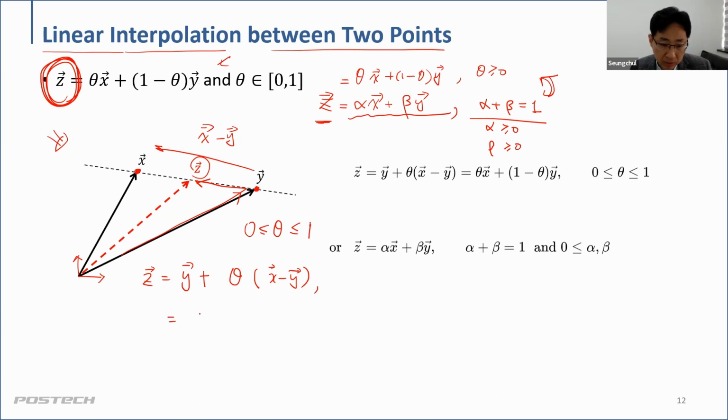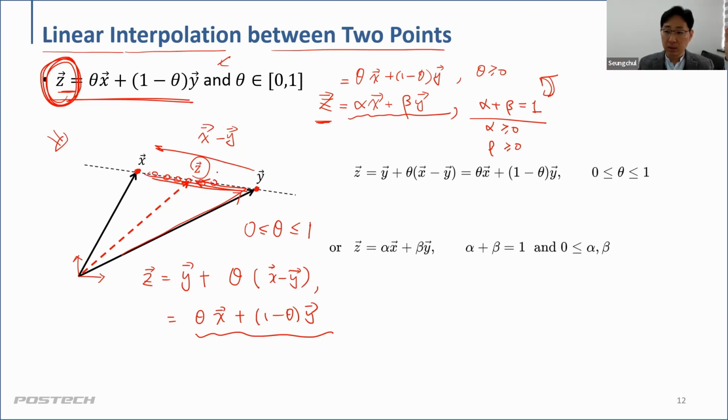And we can rearrange it. So now we can see that the meaning of this z is that we can represent all the data points between x and y by changing the theta. If theta is 0, that means here.